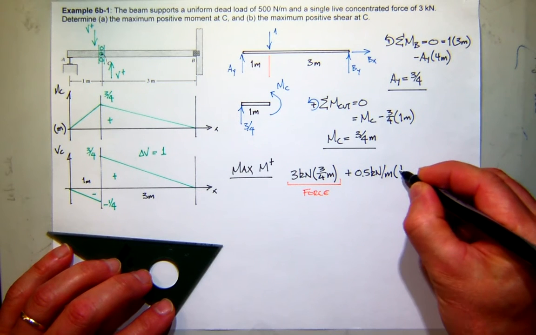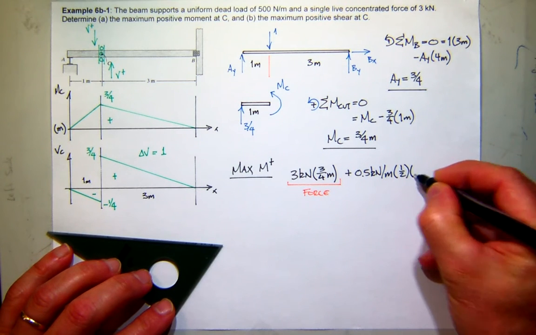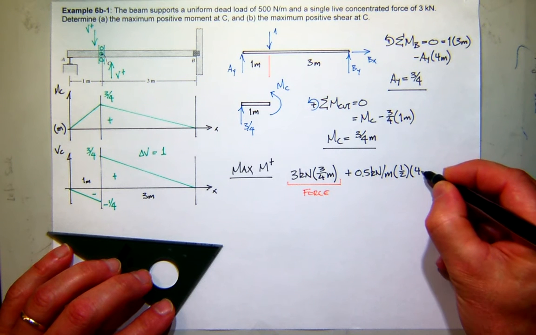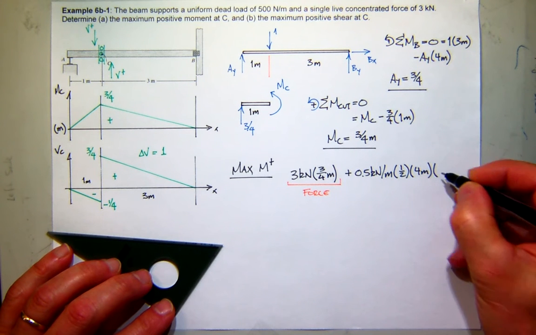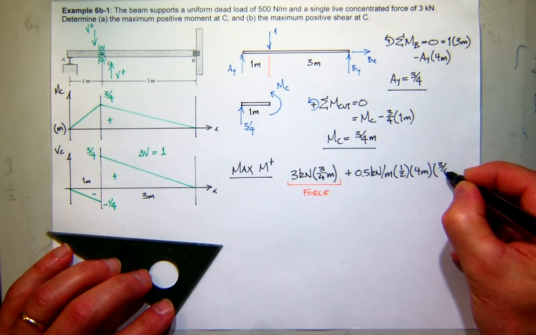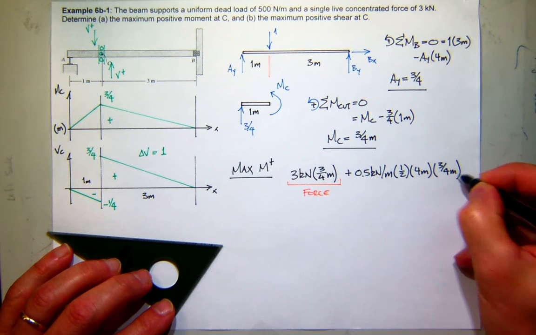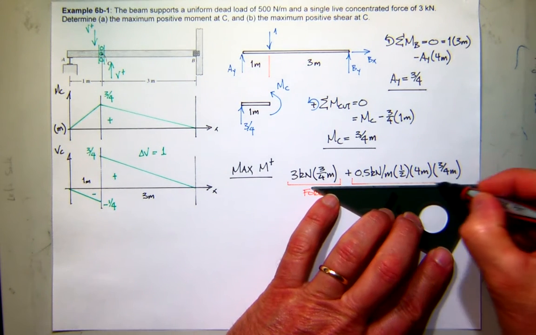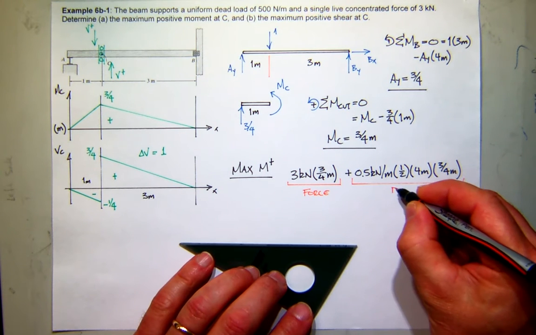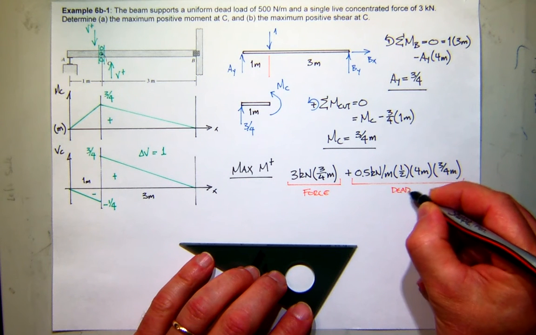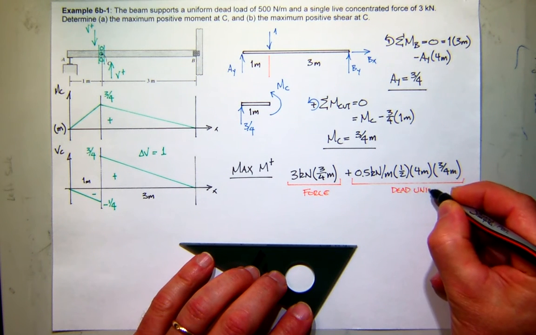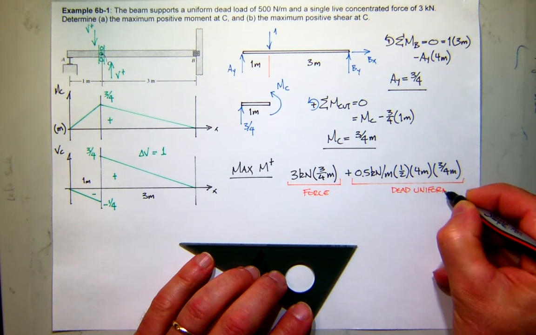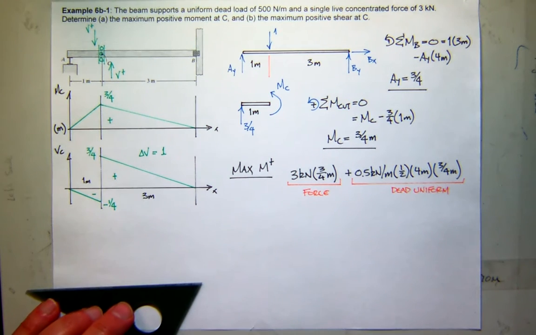It's a triangle, so it's going to be 1/2 the base, which is 4 meters, times the height, which is 3/4 of a meter. And that part is the uniform dead load. So what's all that put together?